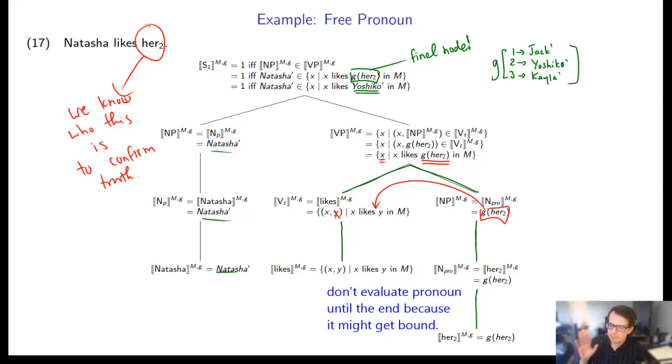No matter where the free pronoun is in the sentence, this is how we do free pronouns. Whether it's she likes him or every person likes her, and her is some free pronoun, we wait till the very end of the sentence, see it's not bound, and then we evaluate it.